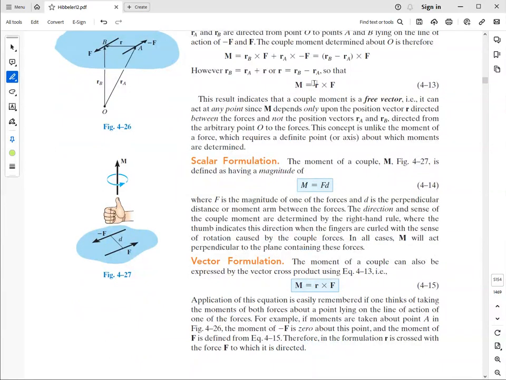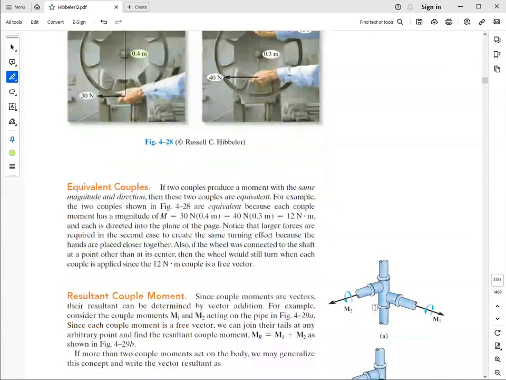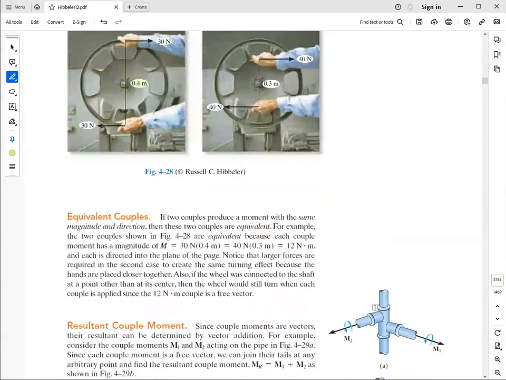In vector formulation, going back to this equation, it's the cross product between the r vector, which connects two points on the lines of action of the two forces, times one of the forces. So we looked at this, and I said that in order to have the same effect, I can modify the distance between the two forces.